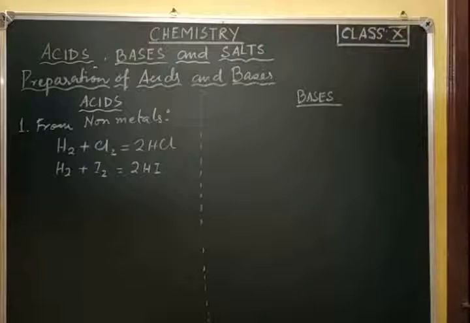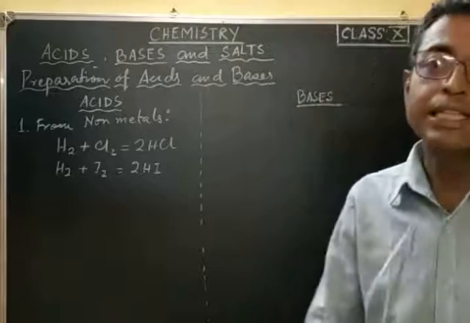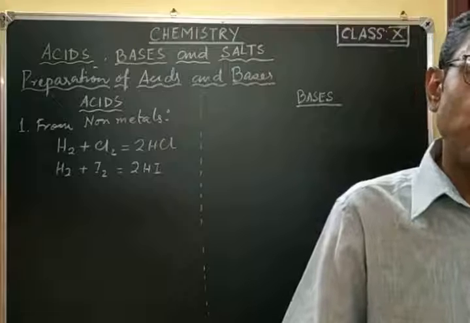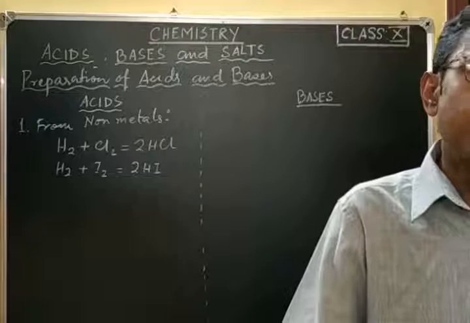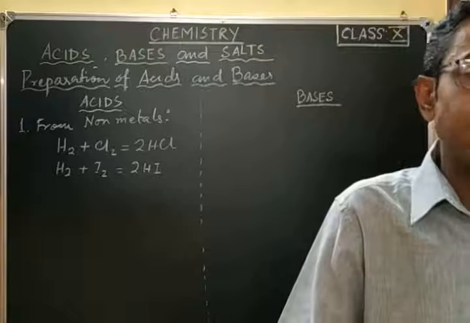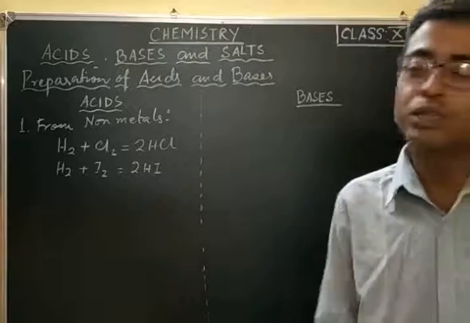Now bases from the metals. Remember, up to now we have learned bases as OH compounds, such as calcium hydroxide, Ca(OH)2, and NaOH, which are all examples of bases. But remember, metal oxides are called basic oxides because in reaction they produce the base.